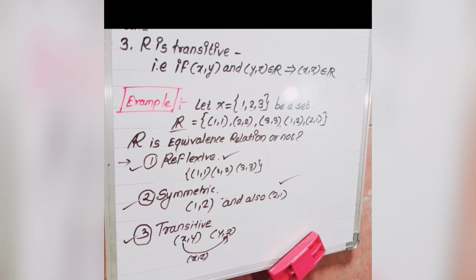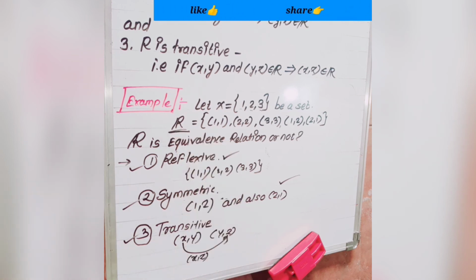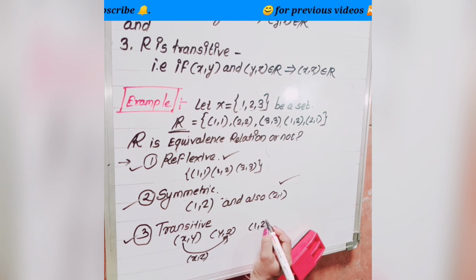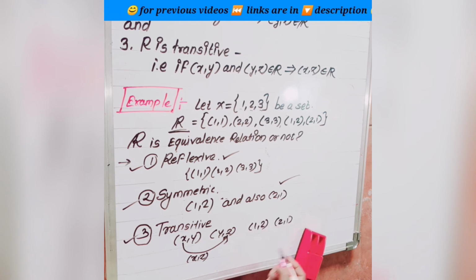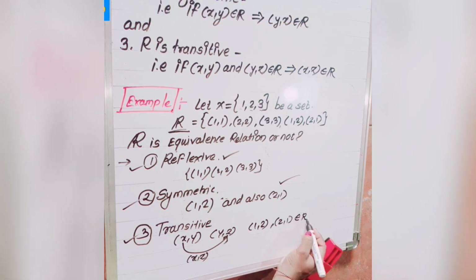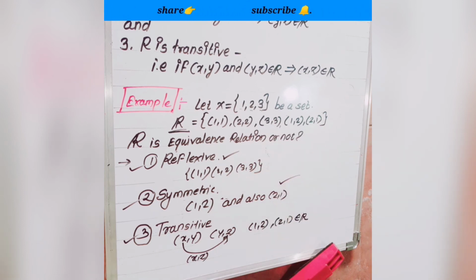Which ordered pairs satisfy this condition in the case of R? Here, if we consider the ordered pairs (1,2) and (2,1), both belong to the relation R.